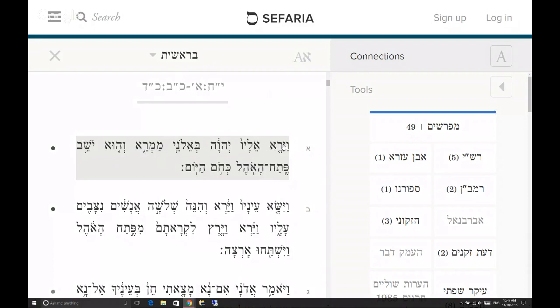That happens because of this conversive vav. I've told you before, conversive vav is where you add a vav to the beginning of the verb, and then it reverses its apparent tense. So it would look like it says something in a future tense, but it's actually past tense in a case like this.